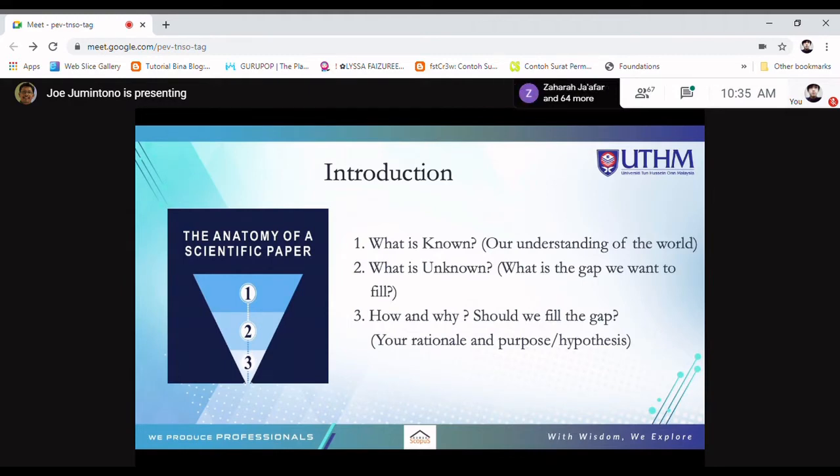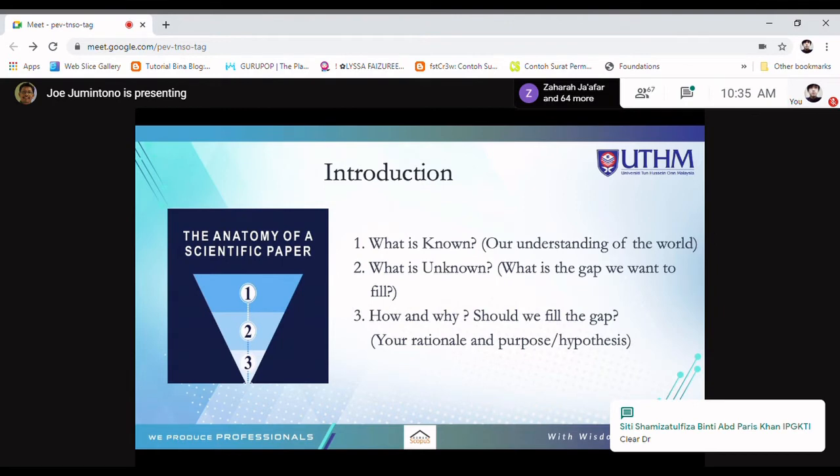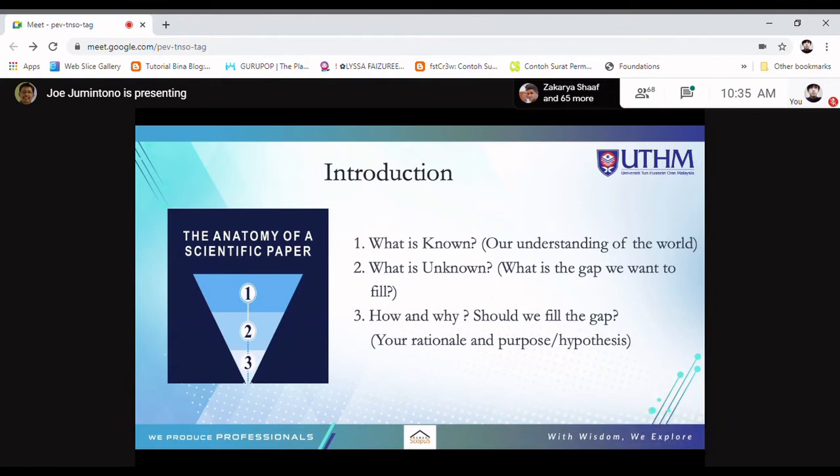Okay, and then we move on to the next question, number 2. What is unknown? Understanding of the word, what is unknown? It is the opposite, the contrast of known. Known is in contrast with unknown.